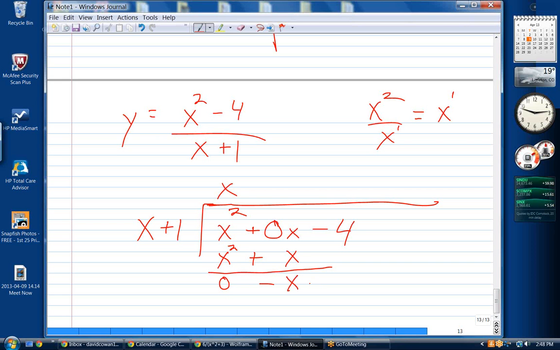We carry the minus 4 down. Now we do the same thing again. What's x into minus x? We have x dividing into minus x. What's that? Just negative x.